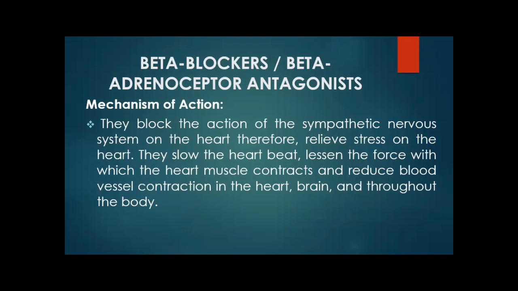So the mode of action or the mechanism of action, they block the action of the sympathetic nervous system on the heart, therefore relieving stress on the heart.